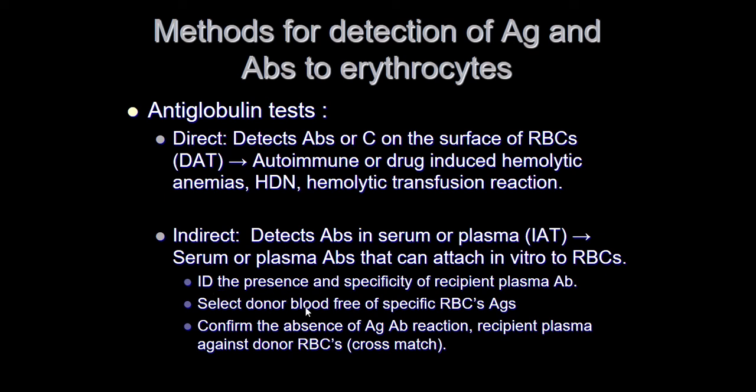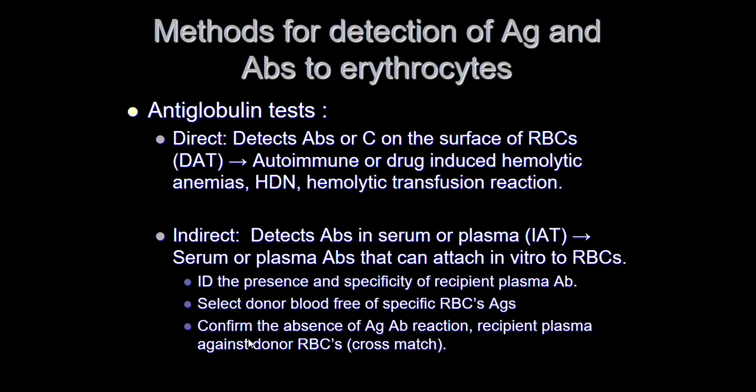We identify the presence and the specificity of recipient plasma antibodies. So we use it here to detect the antibodies. We select the donor blood free of specific red blood cell antigens.